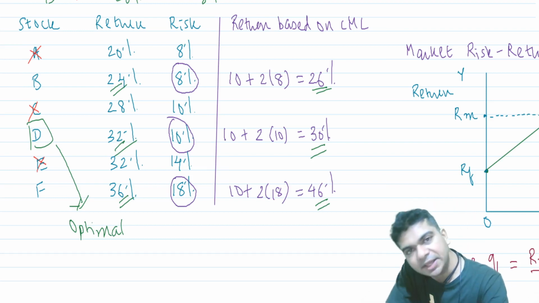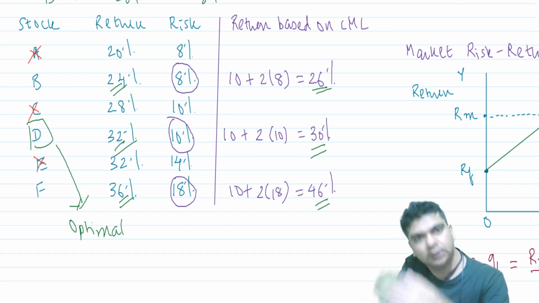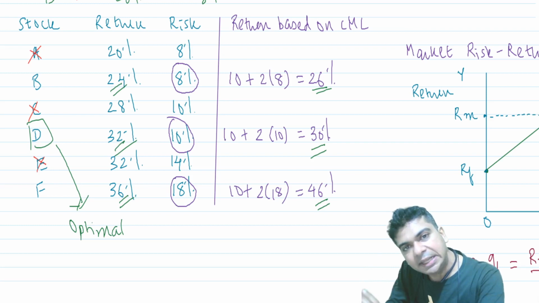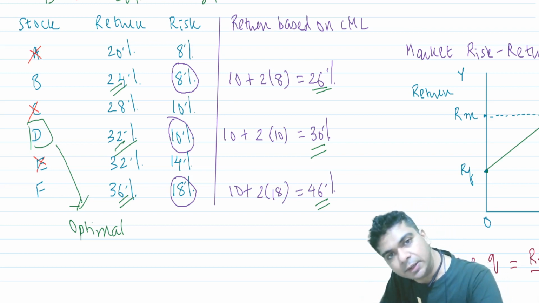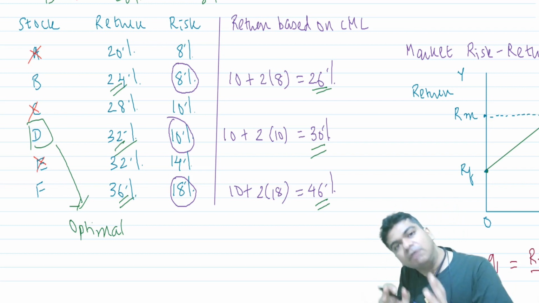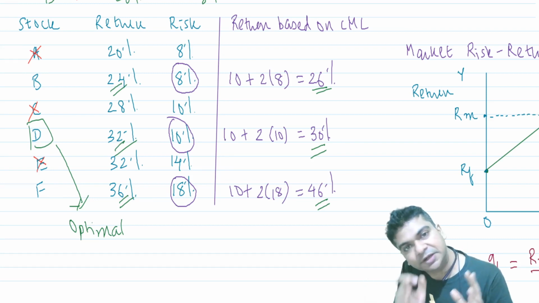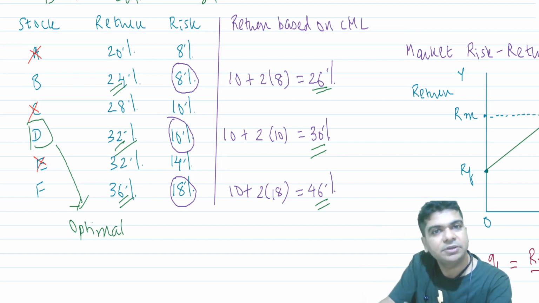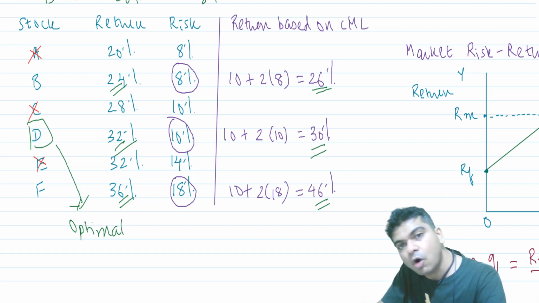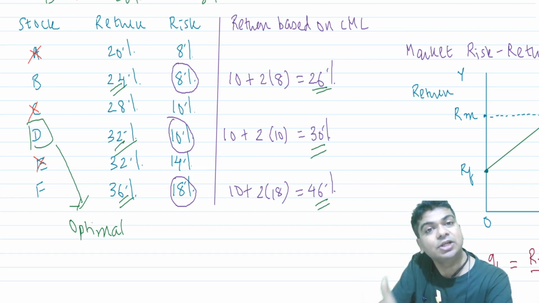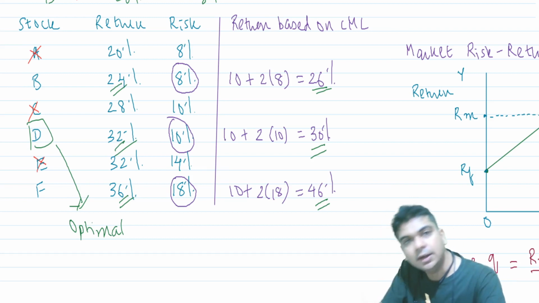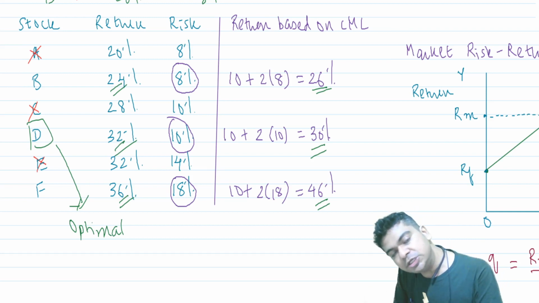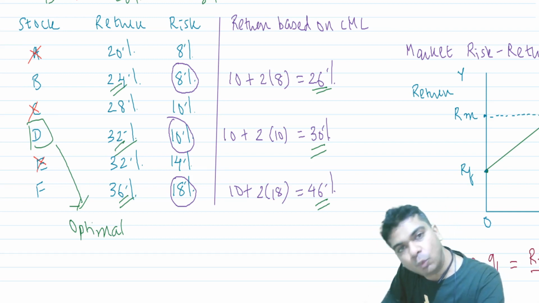That's how I apply the Harry Markowitz model. Step number one, decide what is the total amount of money that you want to invest in the stock market. Step number two, out of that budget, now make a list of the different shares that you can invest in or the portfolios. Step number three, for every security or portfolio that you have designed, calculate the risk and the return. Next step, identify which are efficient and inefficient, reject the inefficient ones.